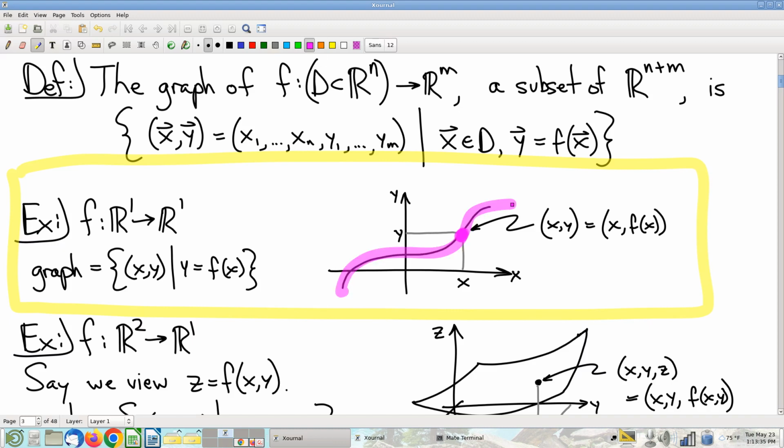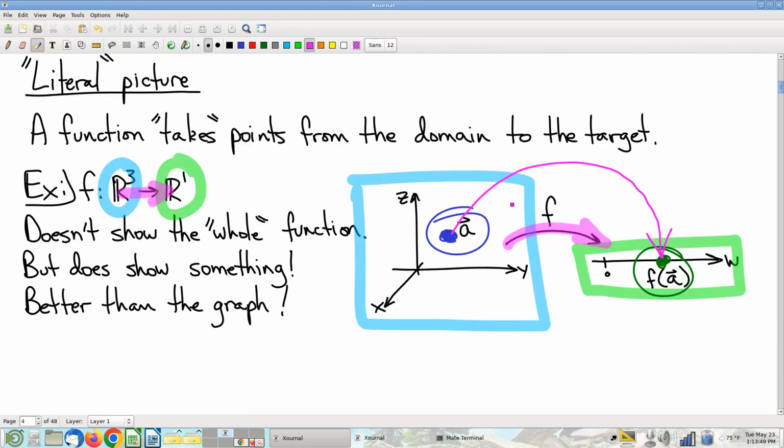We draw the entire curve. That curve helps me understand what's happening to every input value to the function, and I can see all of the output values. So how sad that here we can only see what's happening to just the one point, right? So yeah, I'm going to acknowledge that's disappointing.